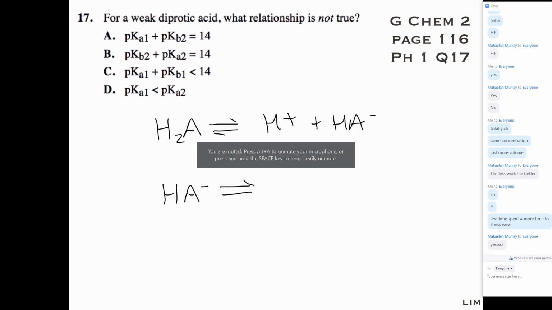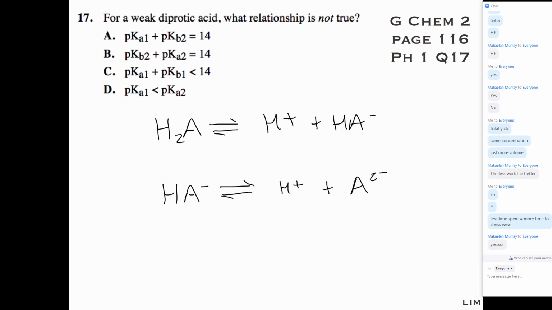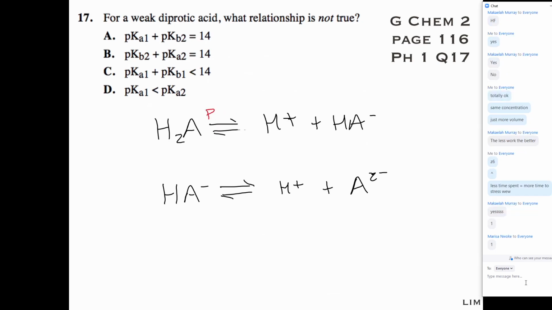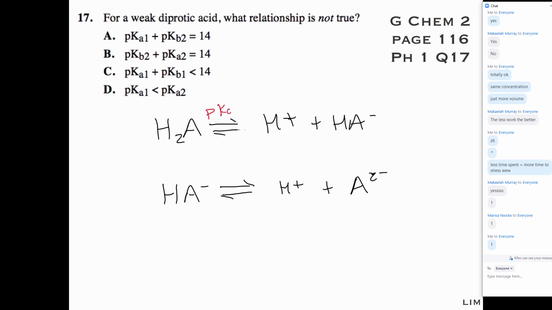Then HA minus is capable of going to H plus and A2 minus. I'm not going to put any aqueous symbols just because I'm being lazy. This first proton coming off this way would make this pK1 or pK2? pK1, perfect, first one off. And then pK2 for the second one.